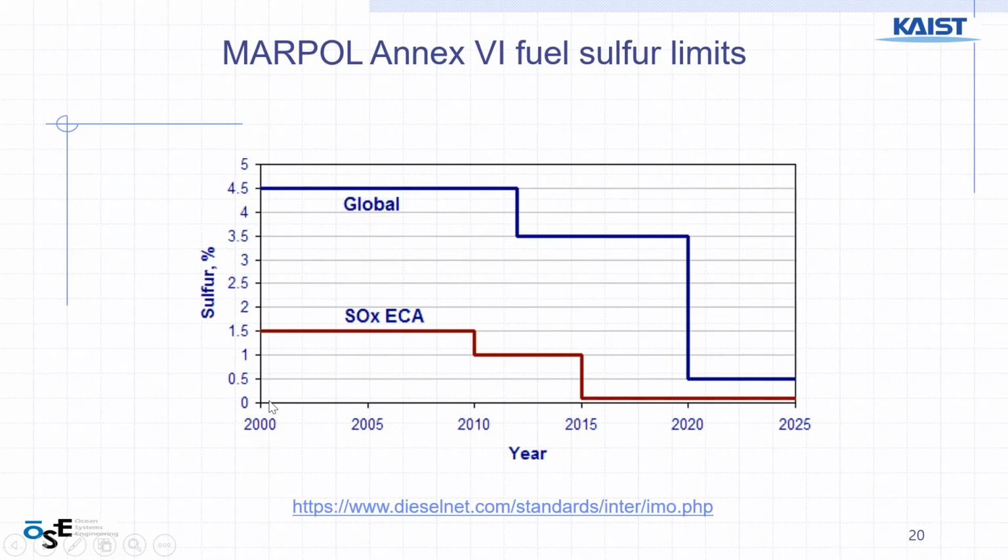It started 20 years ago. The limitation on SOx, sulfur, and also global emissions, is lowered drastically. So for your new ship design, you should have new equipment to lower the sulfur emissions from your ship.